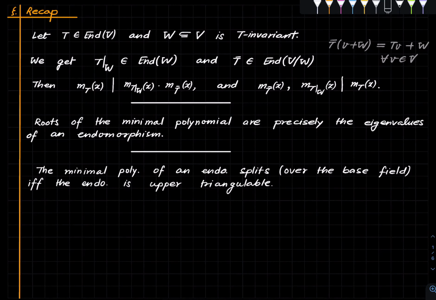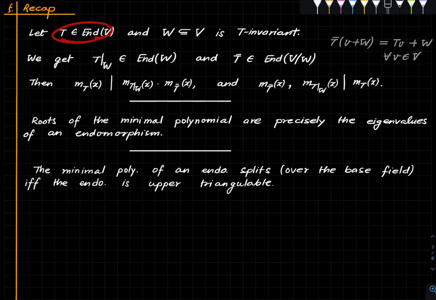So we will properly write this down, but let us recall all the facts that we need to prove it. First fact is about minimal polynomials of an endomorphism. Fix an endomorphism T on a vector space V over a base field F, which we suppress. Suppose W is a T invariant subspace.